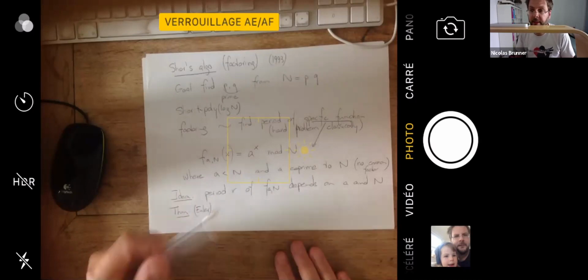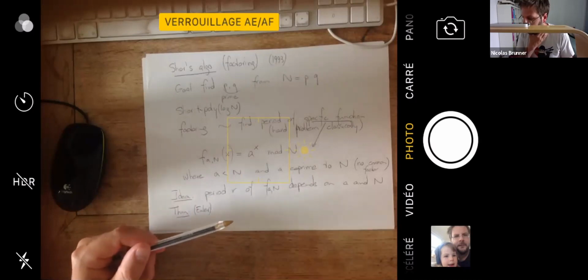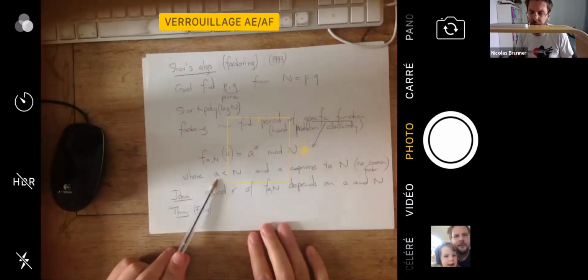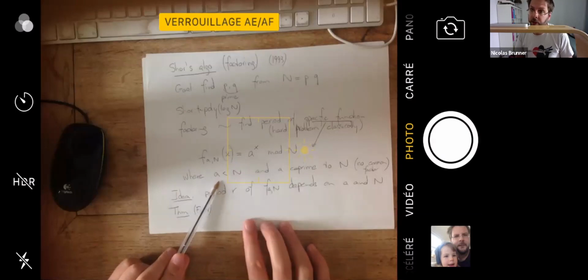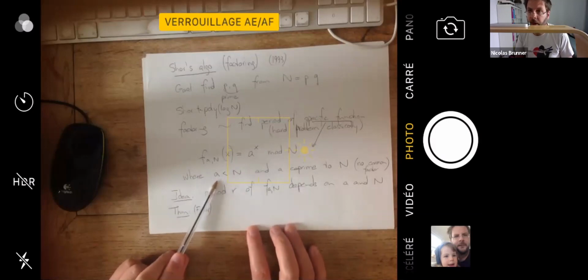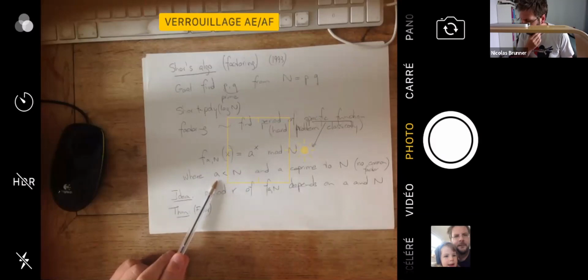So that means that this procedure is not going to work all the time. There will be choices of the parameter a for which it doesn't work, but there is a large chance of finding parameter a's for which it will work. And therefore that is one of the reasons why the whole thing is effective.